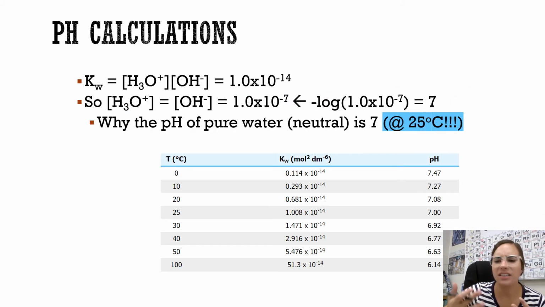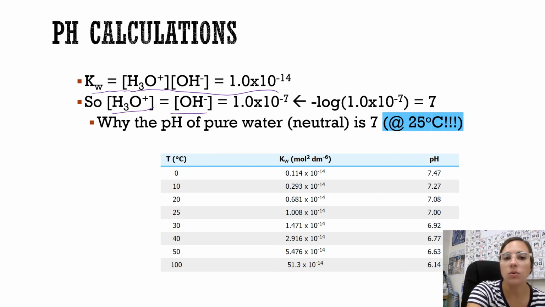So what exactly does that constant mean beyond the fact that it's very reactant favored? Well, when we set up this K value, we know with neutral water that these two are equal. If one outweighed the other, it would be acidic or basic.